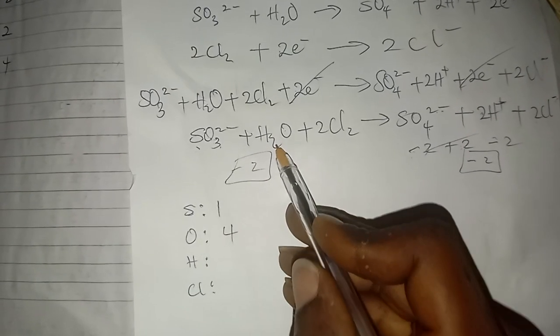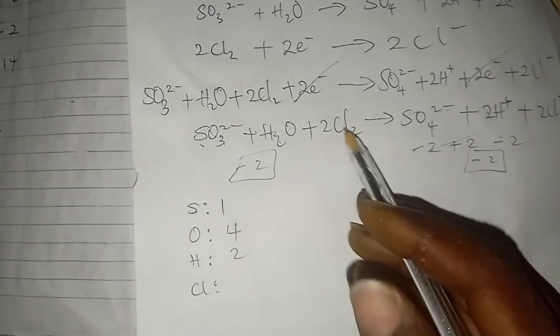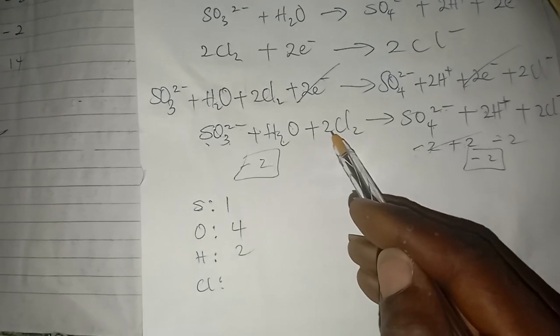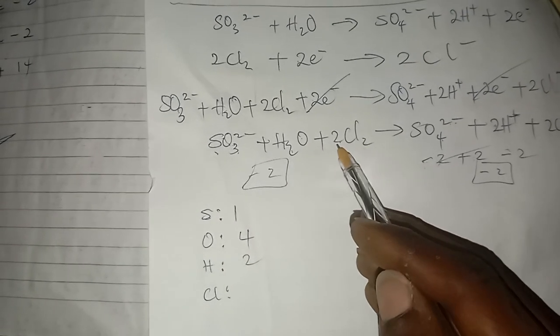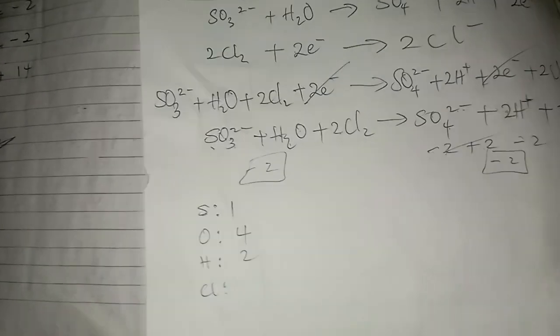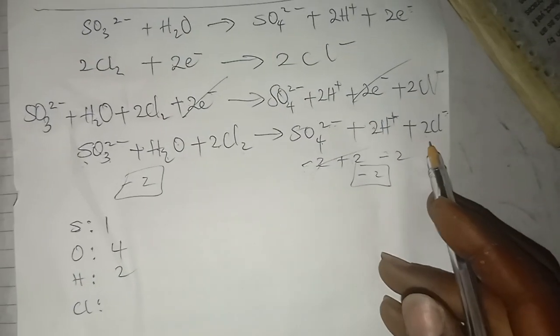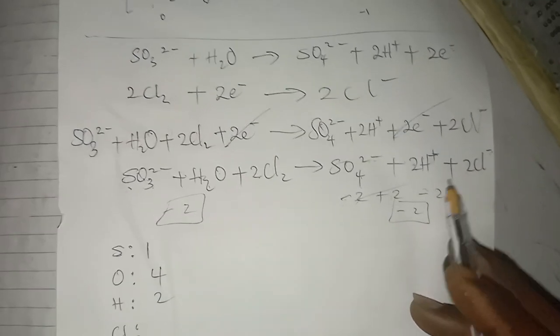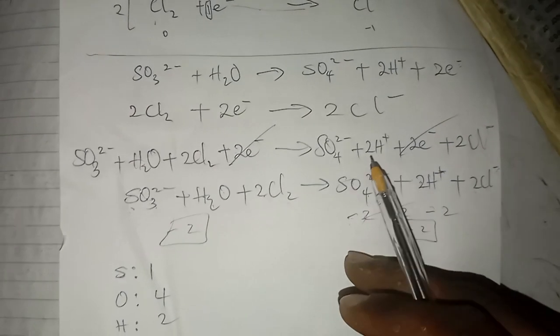How many hydrogens? 2. Here I have 2. How many chlorine? 2 times 2, 4. Then how many do I have on this side? I'm seeing just 2. Are you kidding me?